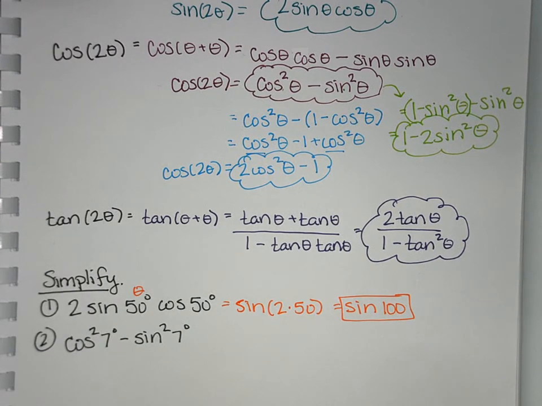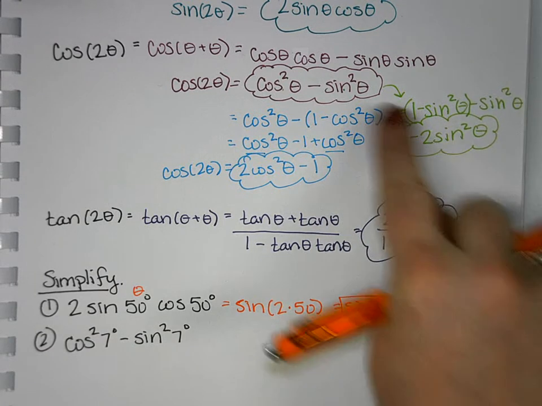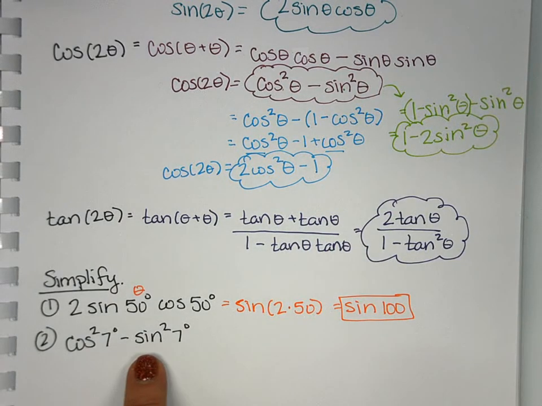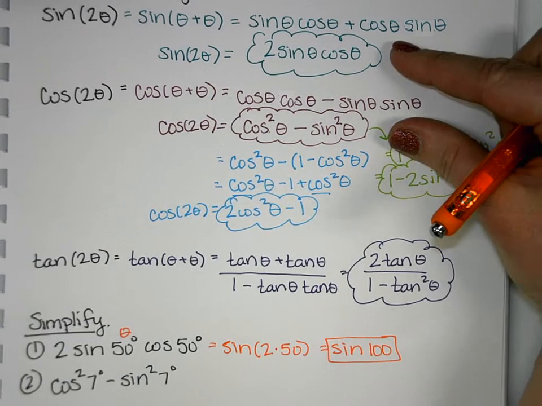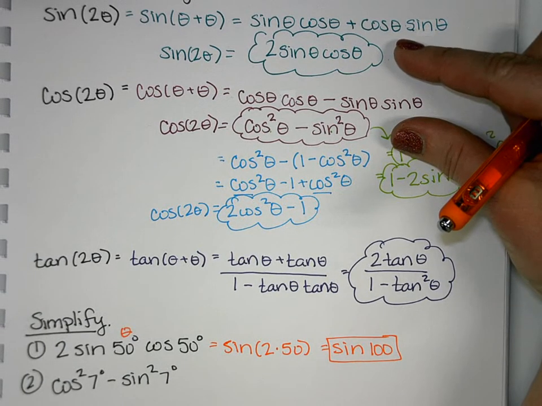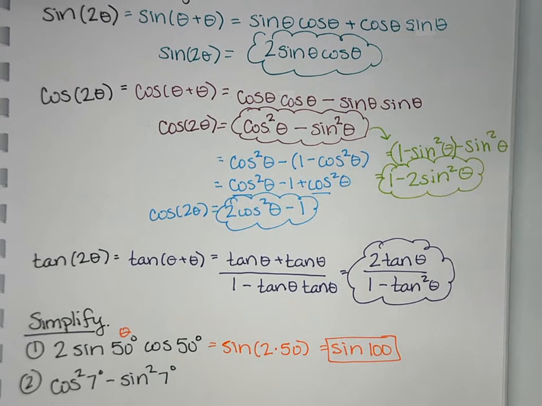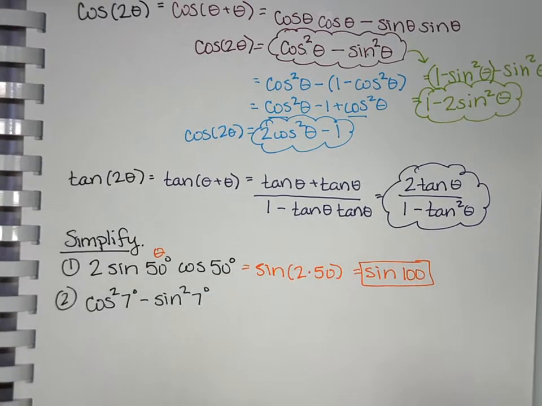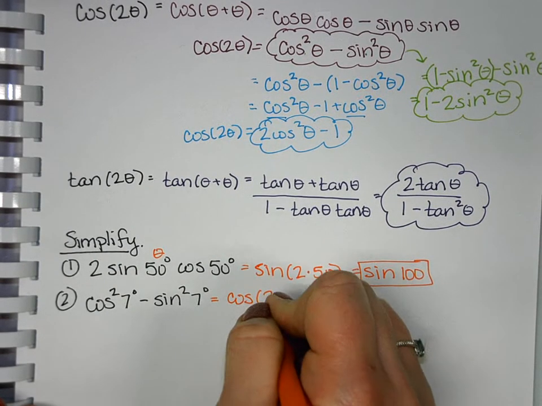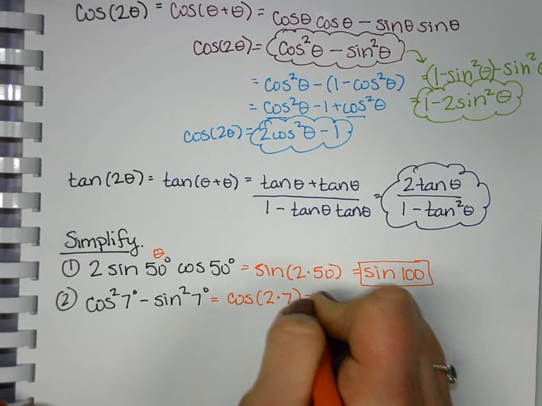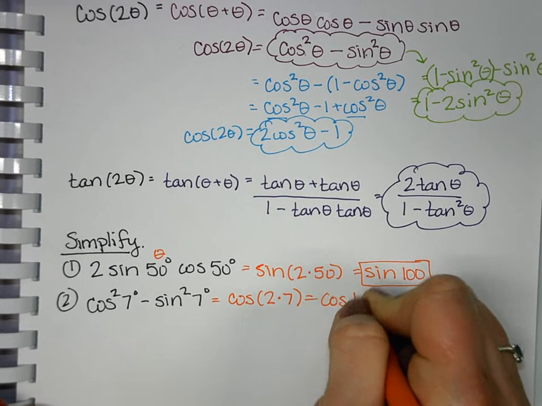So when I look through my double angle rules, a sine and a cosine narrows it down, you can't see that top one anymore, to these two. And which of those two has a subtraction in the middle? That's my cosine double angle. So that means this is going to equal cosine of 2 times 7, which is cosine of 14.